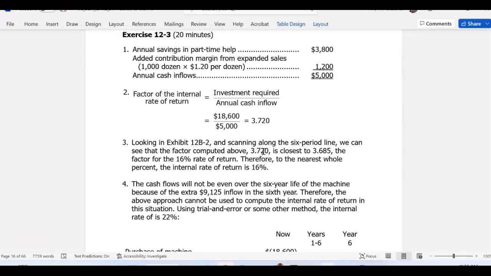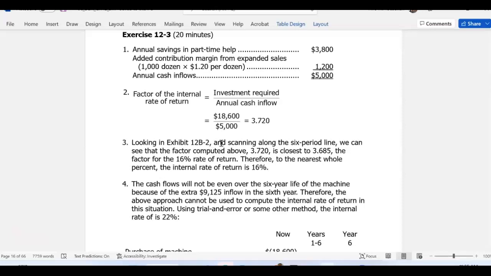Very well. 3.720 is closest to what? Close to 3.685. I'm going to show you right now. The factor for 16%, N is 6, and the rate of return. Therefore, to the nearest whole percent, the internal rate of return is about 16%.